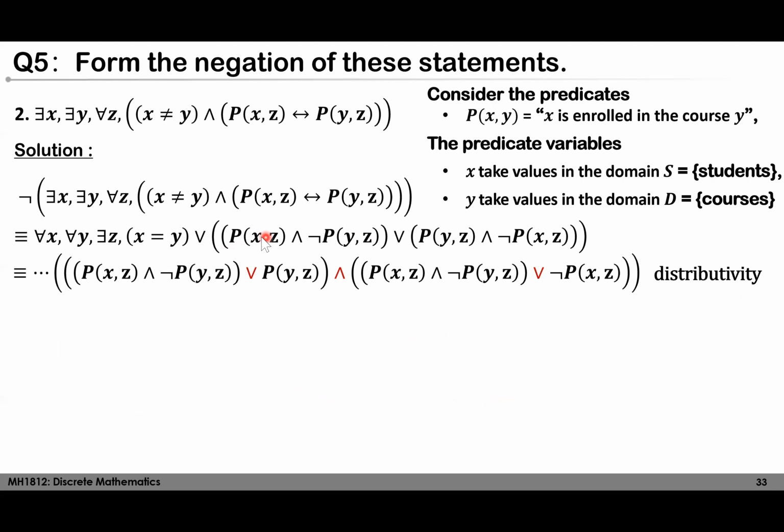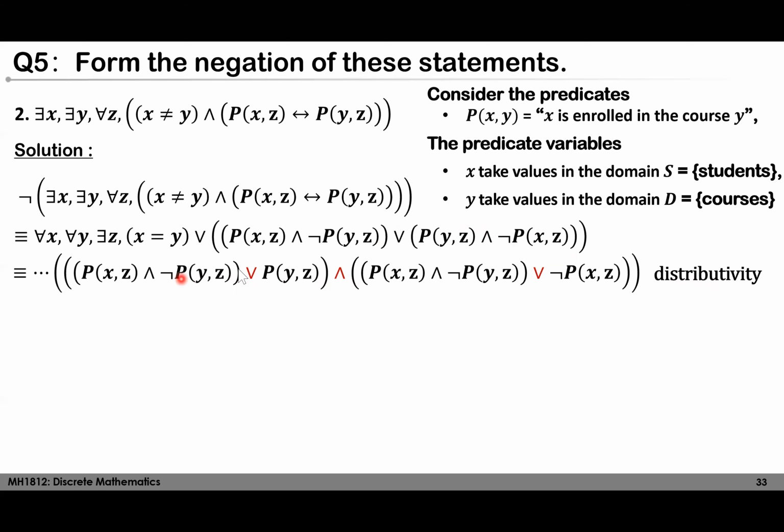We take the first atom as a whole, and there is a disjunction and conjunction. So by distributivity, we take this disjunction inside this bracket and get a conjunction of two disjunctions.